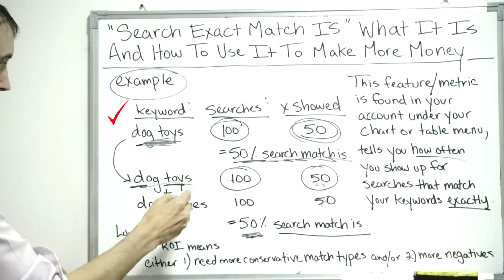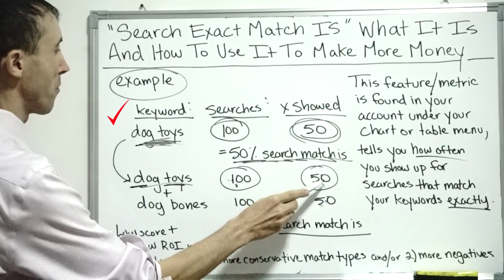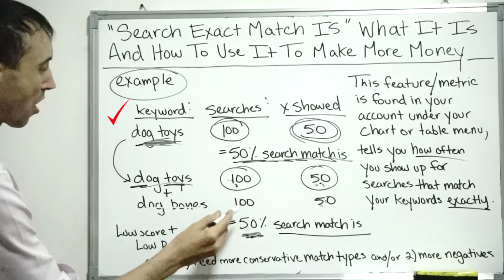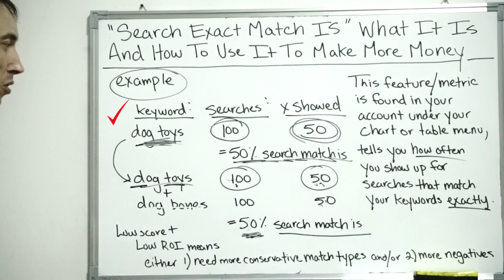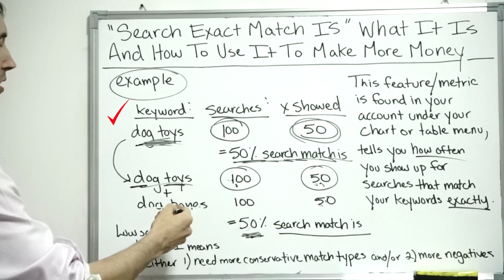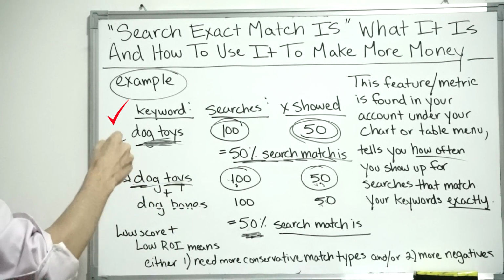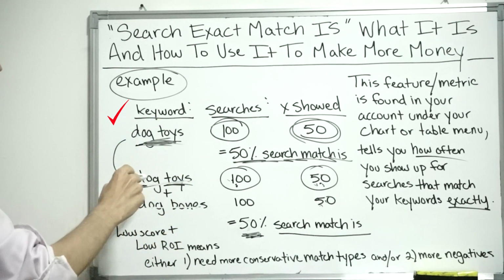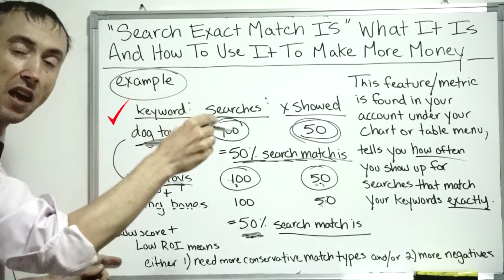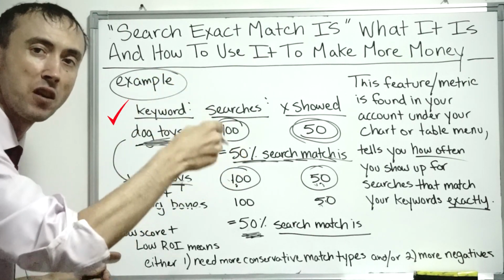Because of the 100 times that people search for dog toys, you showed up 50 times. The fact that your ad also showed up for dog bones is irrelevant to how many times your ad showed up for words that are not your keyword. Search exact match is only looks at the searches that are directly and exactly matching what the phrase is that you're bidding on, the keyword itself.